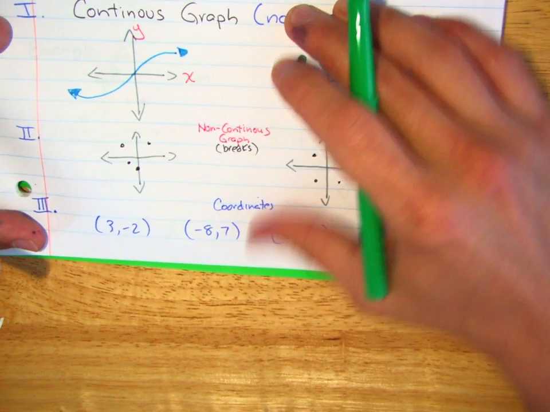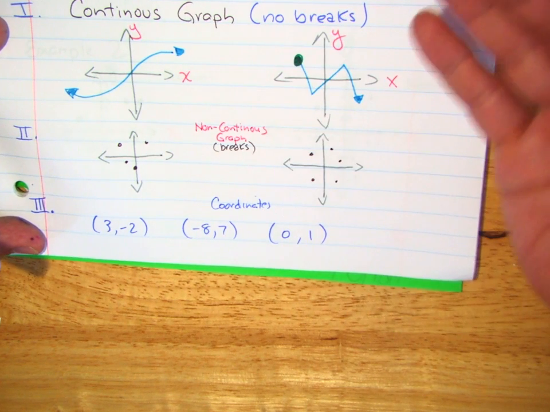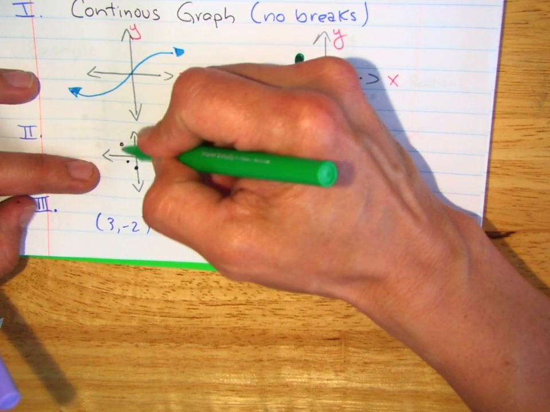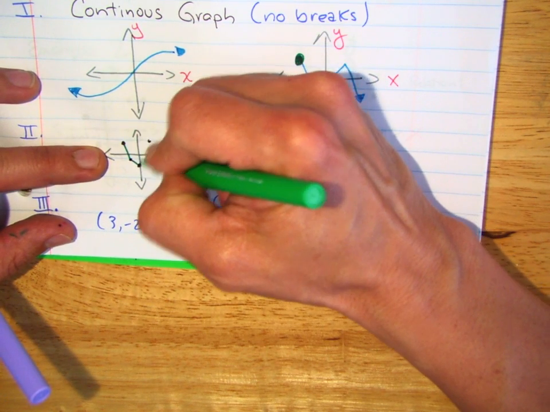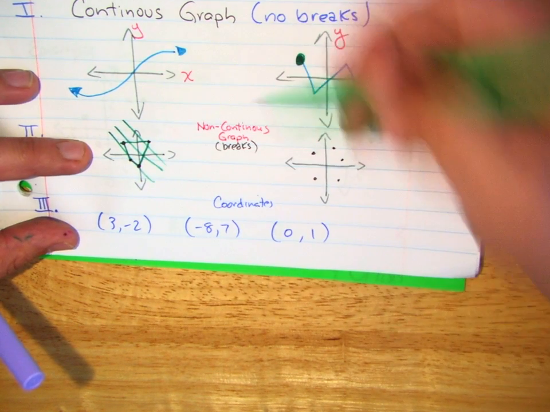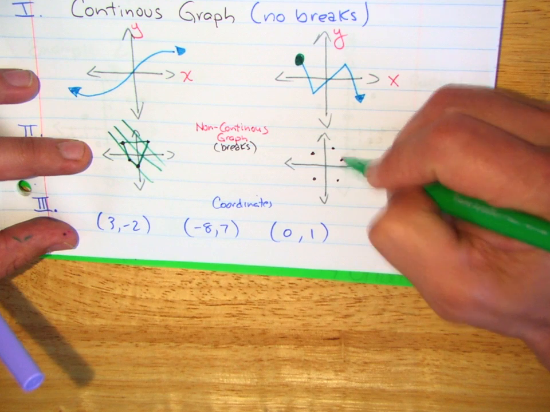Then there's going to be another type of problem, a non-continuous graph, which has breaks, which means it's just coordinates. They're dots. That's it. So don't trace them, don't connect the dots and see what we get. Just leave it alone and try to identify each coordinate.